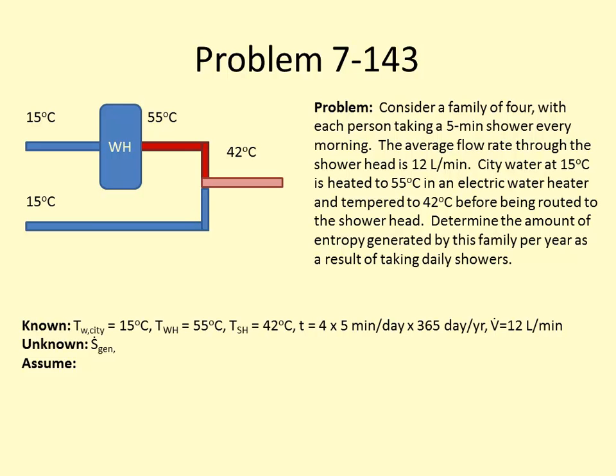Okay, so if we do a mass balance on this, we know that m dot 1 plus m dot 2 is equal to m dot 4. We also know that S1 is equal to S2 because they're at the same temperature, the city water coming in.